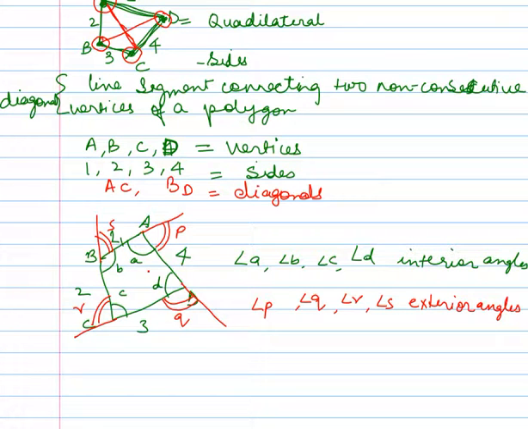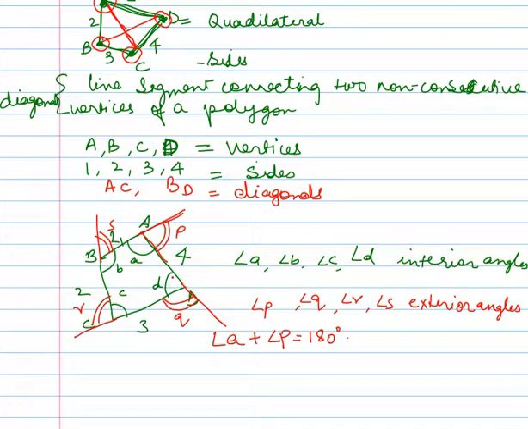Okay, so how to find an exterior angle? Just extend the line, and the angle made with the help of the extended line and the adjacent line, right? This is an exterior angle. Now angle A plus angle P should be equal to 180 degrees, right?